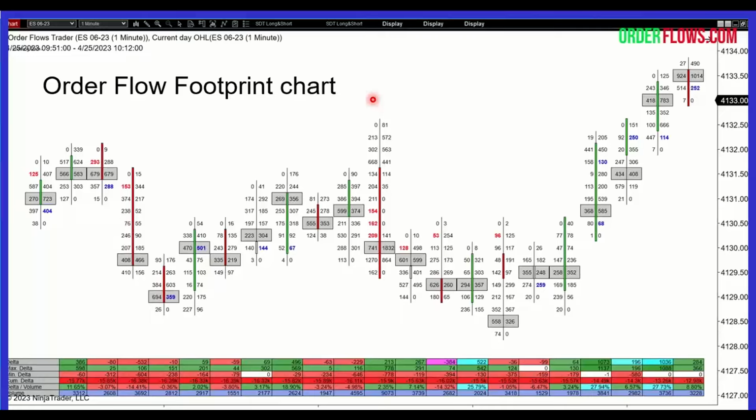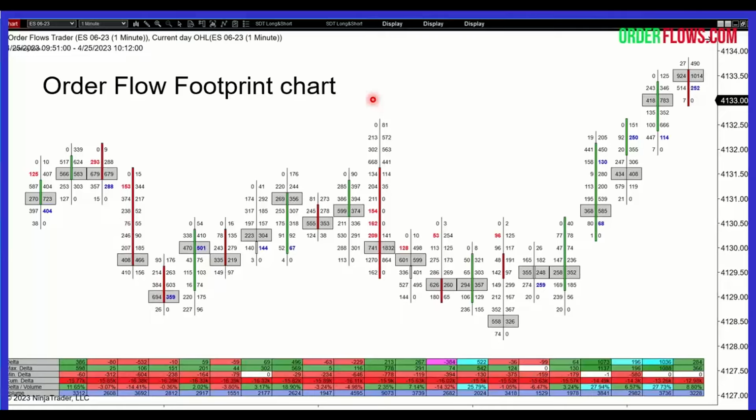These traders developed what's called a footprint chart, which shows you the volume traded on the bid and the volume traded on the offer. From that, you can extrapolate whether there's aggressive buying, passive selling, or just people trading normally.